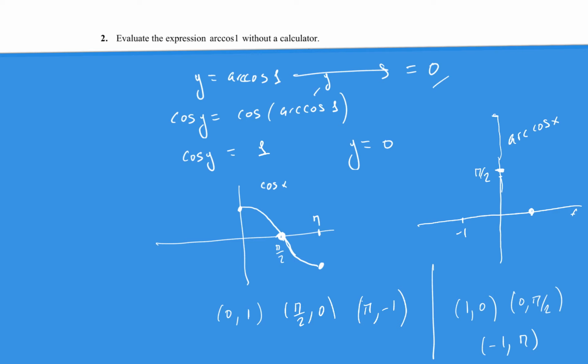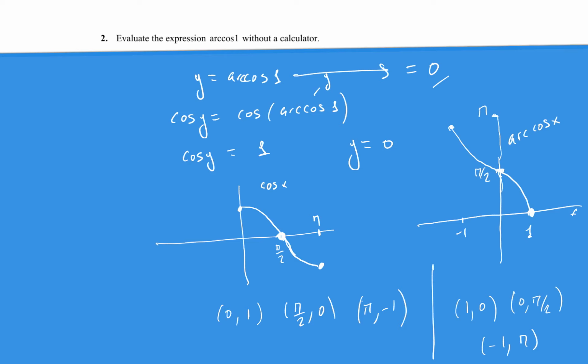So pi is here. So the graph will do something like this. This is the graph of the arccosine. And on this graph, I can see that when x is 1, arccosine of 1 is 0. So I think it's okay.